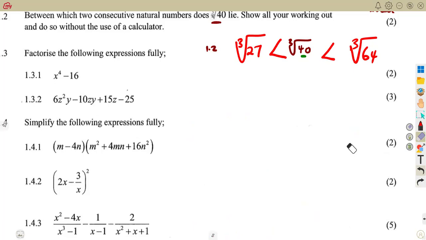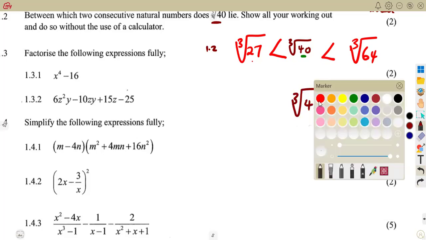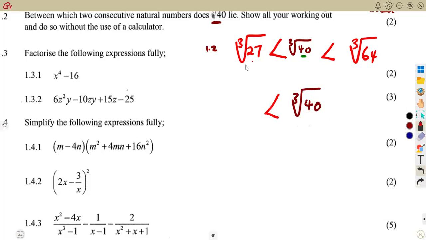So these numbers, we can determine them, guys. What is the cube root of 27? It is 3. All right, let me write this properly. The cube root of 40 must be greater than the cube root of 27, which is 3, but less than the cube root of 64, which is 4.